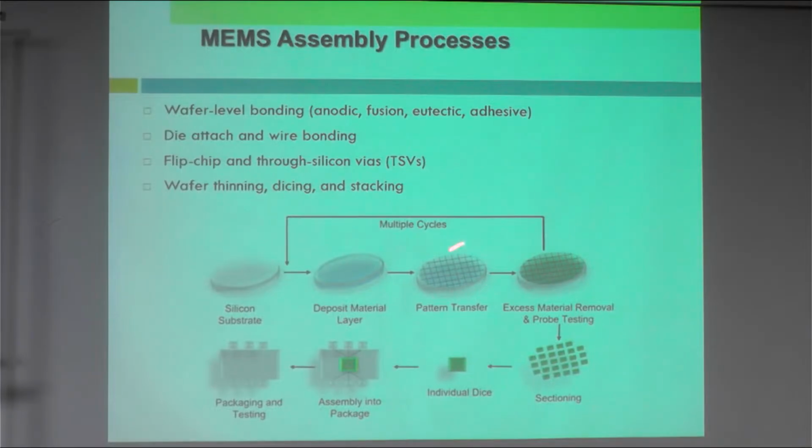You do the patterning to get the device done. Then you remove certain material using etching. Then sectioning or dicing, where you dice every single component. Then you have your single component, which you attach with a package. The packaging is what we have shown in the MEMS microphone.